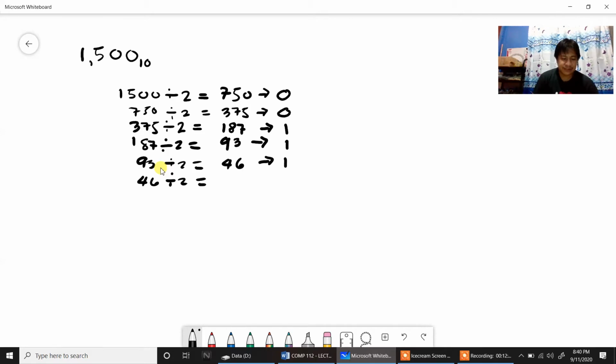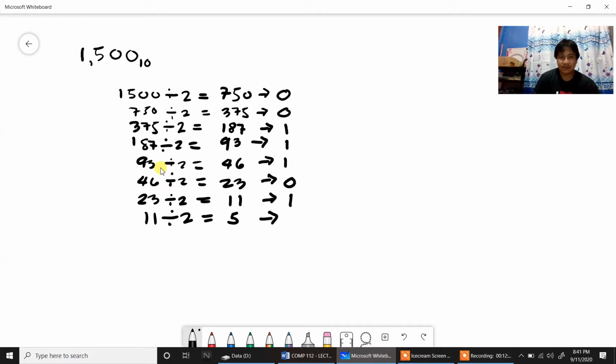So 46 divided by 2 is 23. Okay, so we got 23. So since it is a whole number, therefore it is 0. Then 23 divided by 2 is 11.5. Now 0.5. So since it is 0.5, it is 1. Okay? Now 11 divided by 2 is 5.5.